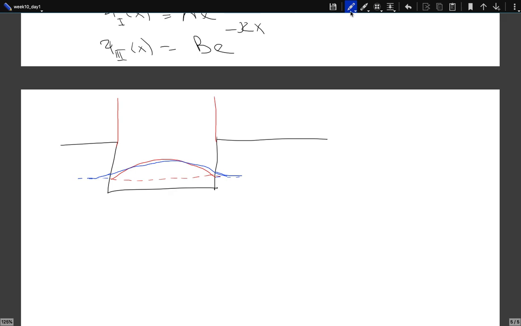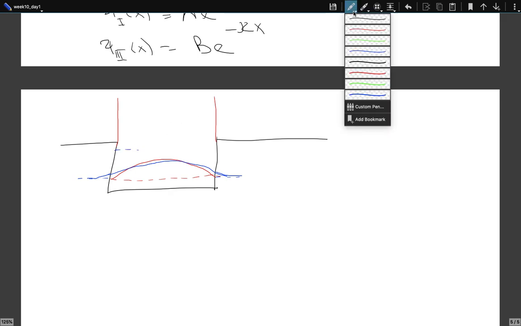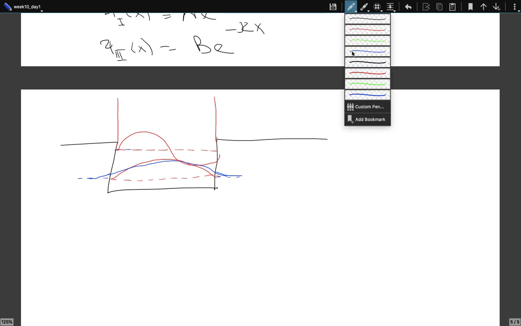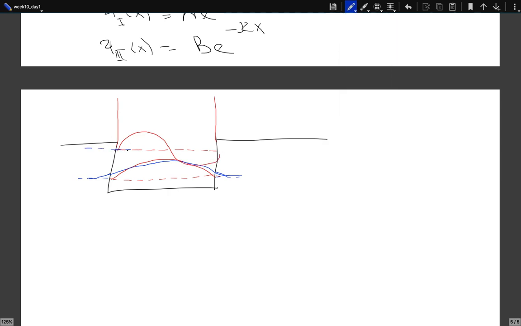Or if you look at the first excited state, in the infinite potential wall case, it looked like this. Now it will spread out a bit. So it will start something like this, go up, go down, come here, and it will spread out a bit.